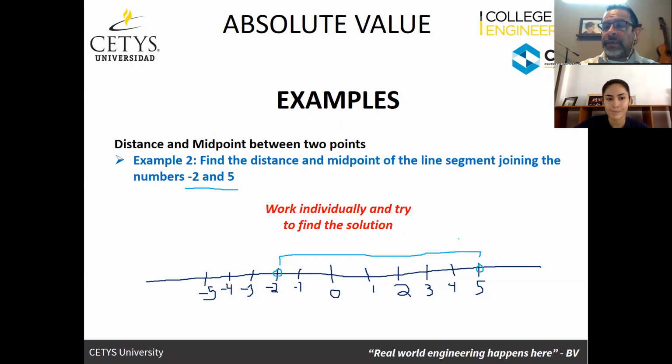You counted how many points there were between -2 and 5. Did you care that one number was negative and one number was positive? Not really, right? You just counted the spaces and you found that it was 7. That's correct. Since we're going to take advantage that you're participating here, Andrea, the distance between the 2 points is 7.